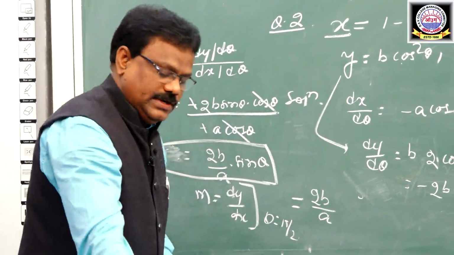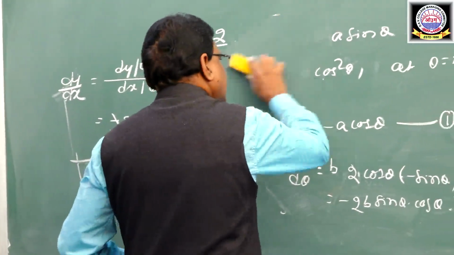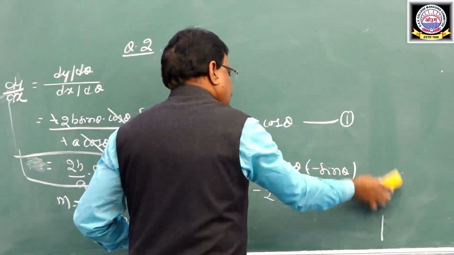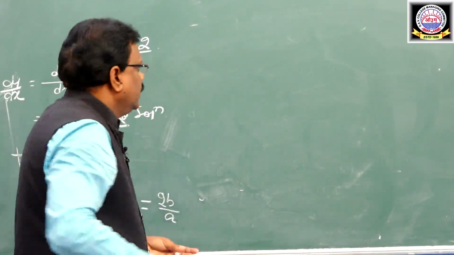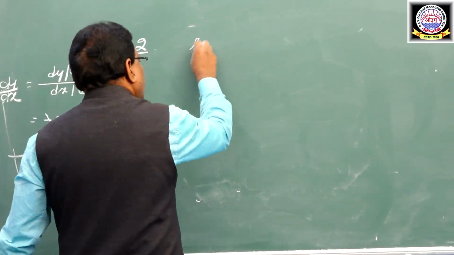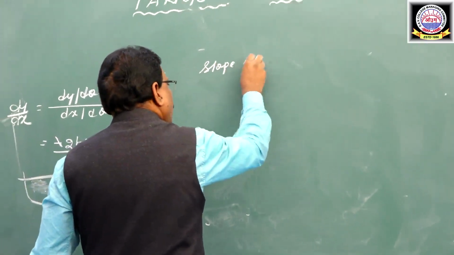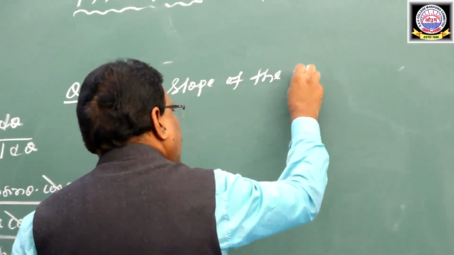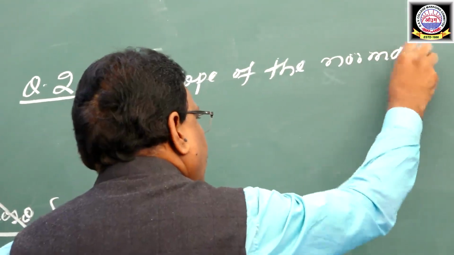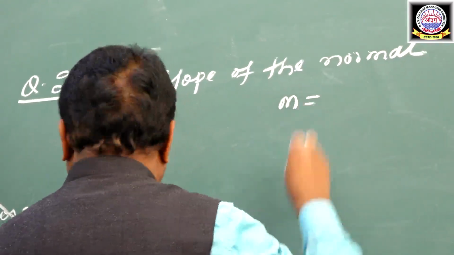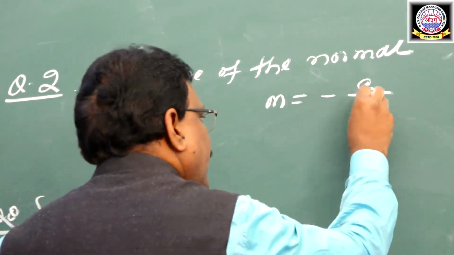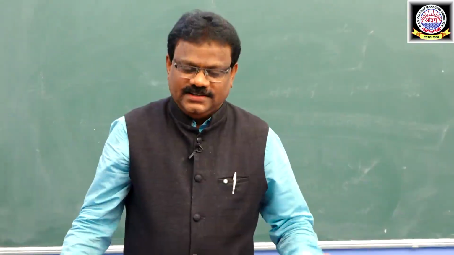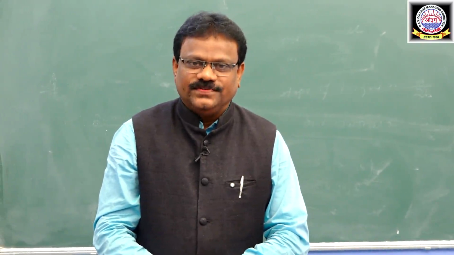So the slope of the tangent is 2b by a. So now slope of the normal, that is equal to minus a by 2b.